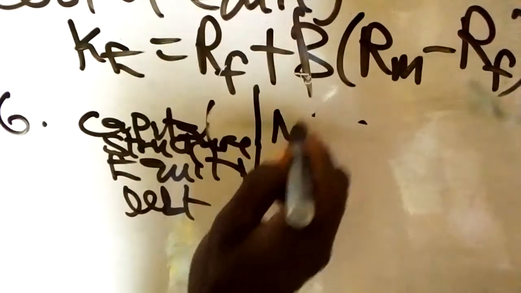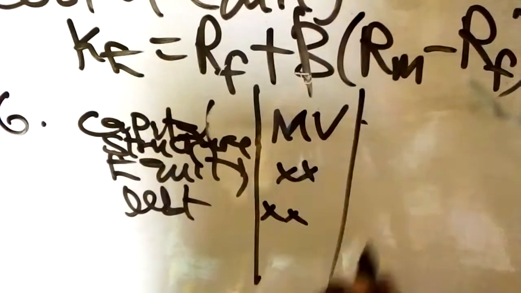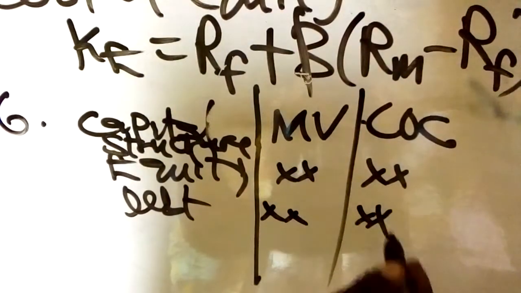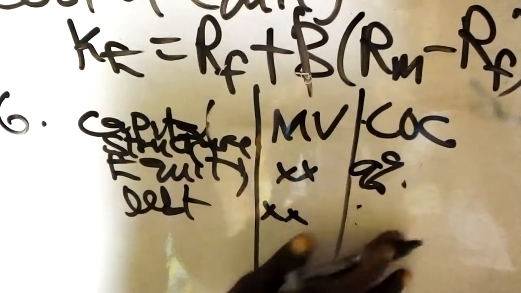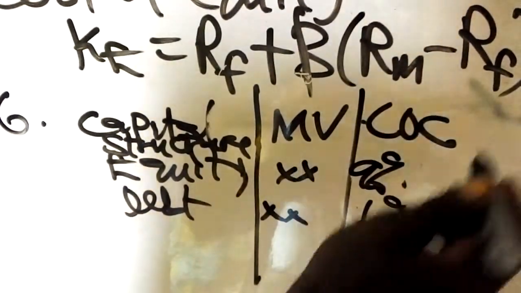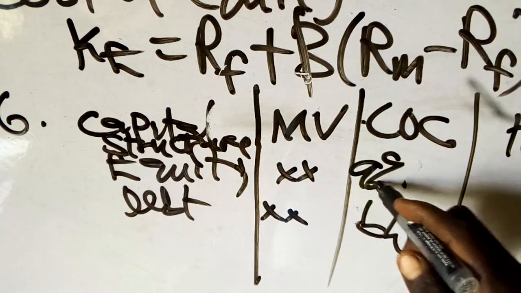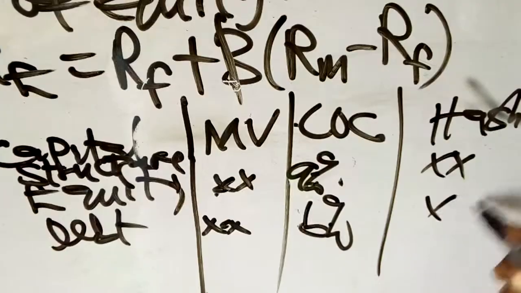Then we have the market value of equity and the market value of debt, and the cost of capital, the cost of equity and the cost of debt, whatever percentage you have. Let's say 8%, then this is B%. So you now have the hash total, the product of the market value and the cost.